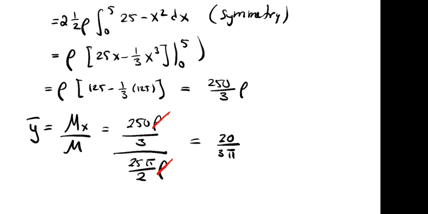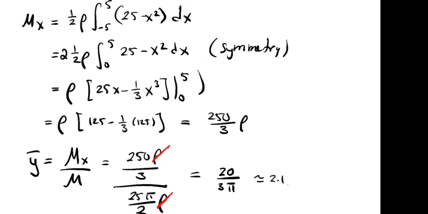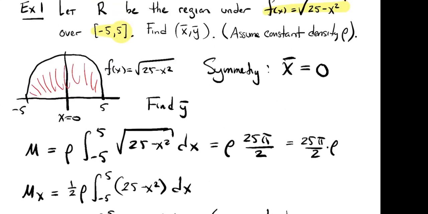Okay, I don't have a decimal approximation for 20 over 3 pi. Maybe I could try to get one really quickly. You guys can do the same. So 20 over 3 pi on my calculator is approximately 2.1. And that makes sense to me that it would be a little bit less than 2.5, because remember the circle has radius 5.